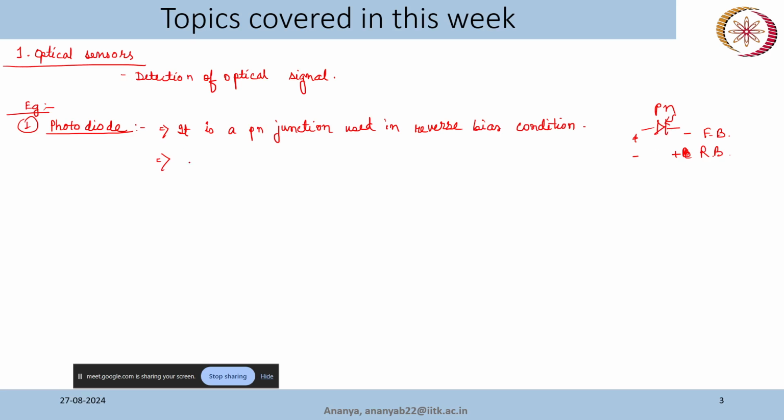Electrons and holes are generated in pairs, and that gives rise to a change in the reverse bias current.